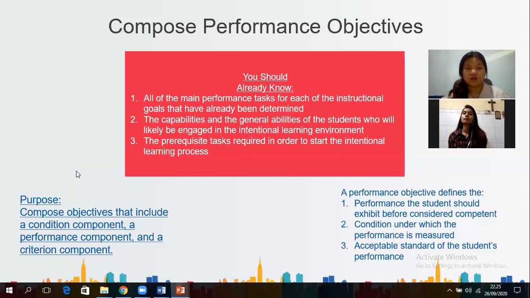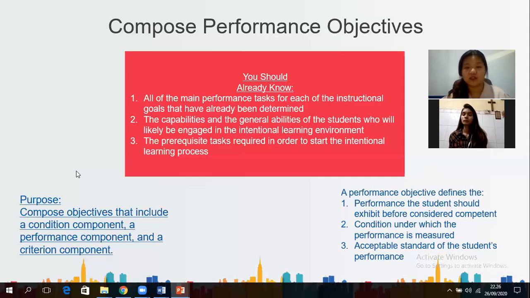Okay, so the purpose of this is to compose the objectives, which include a condition component, a performance component, and a criterion component. The performance objective defines the performance the student should exhibit before being considered competent, and the condition under which the performance is measured.